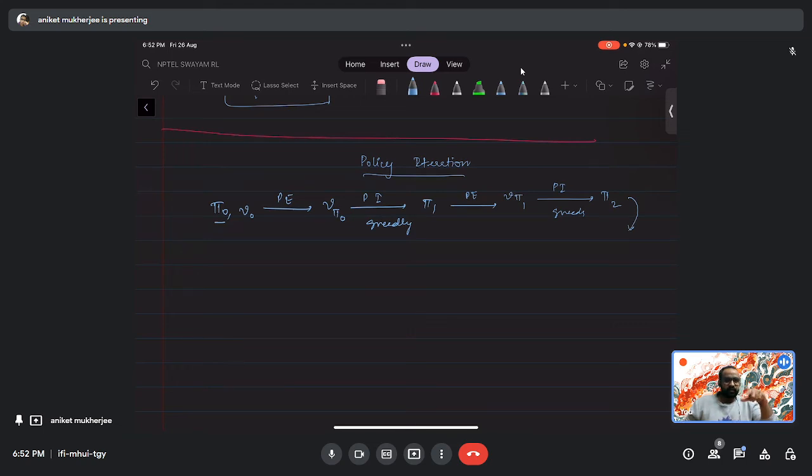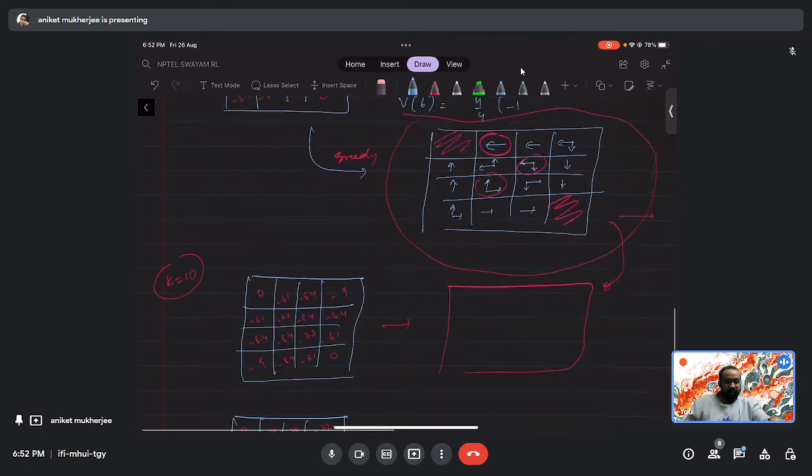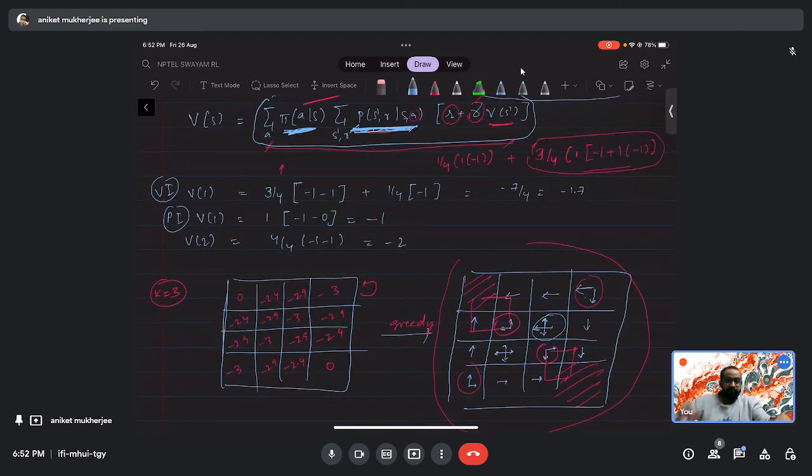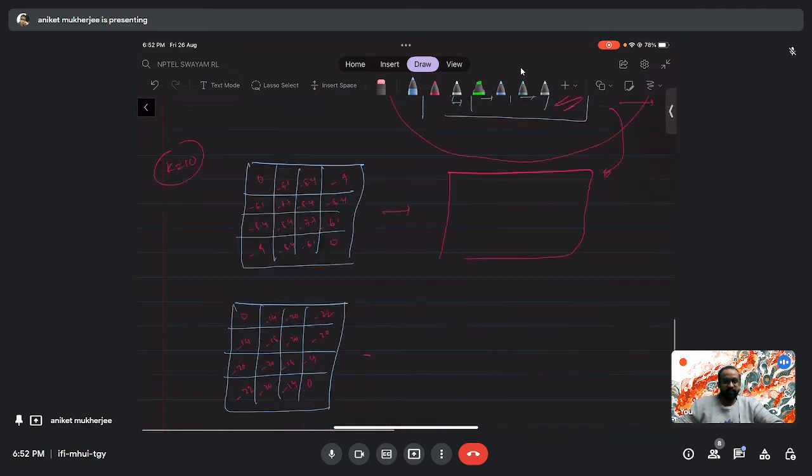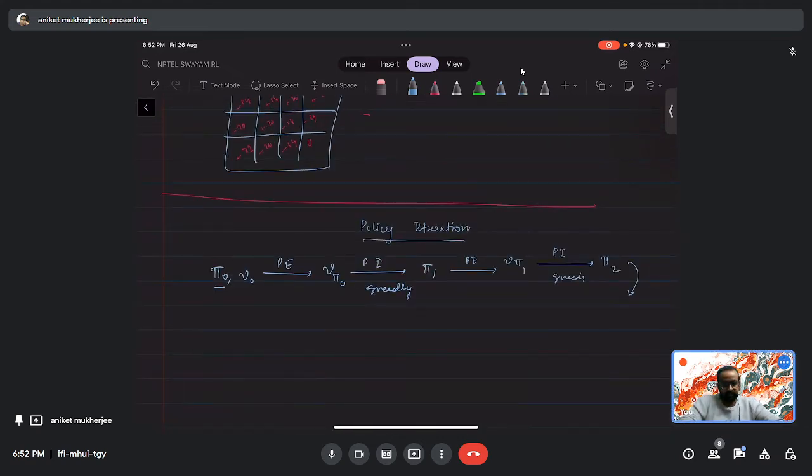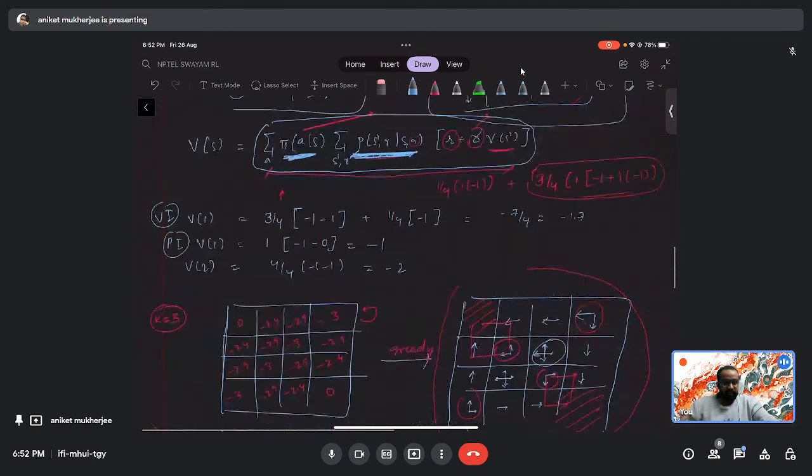Sir's policy iteration is also similar to what I tried to do here by showing the policies for each of the values. This version that I have shown is generalized policy iteration. This is actually how it's done. So this also I think answers your question as to when to stop.